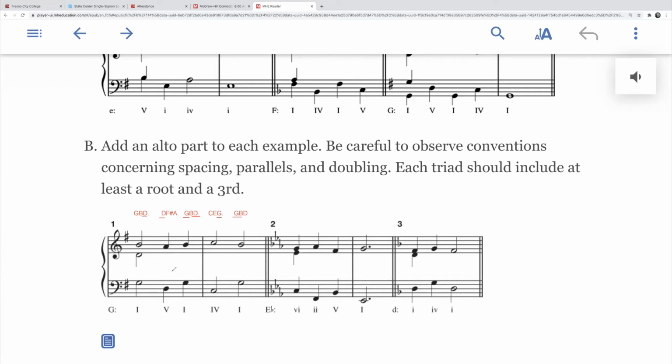Why does what I did first not work? You need a third. Good, David. So we have to go to the F sharp, right? All right, we have a G and a B. We have a root and our third. Can we go to a G there?